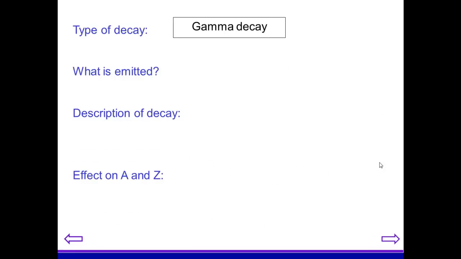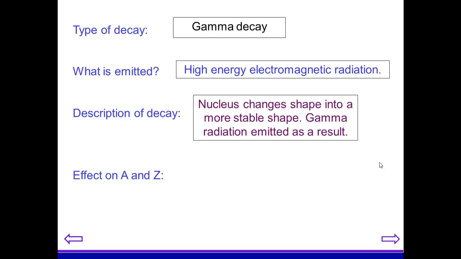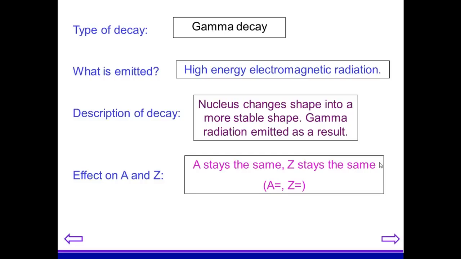Another example would be gamma decay. Now what happens here is high energy electromagnetic radiation is emitted. So there's no change in particles, but what this is normally due to is just the nucleus changing shape into a more stable shape. So gamma radiation is emitted as a result of that. Now what we have here is the mass number stays the same and the proton number stays the same.